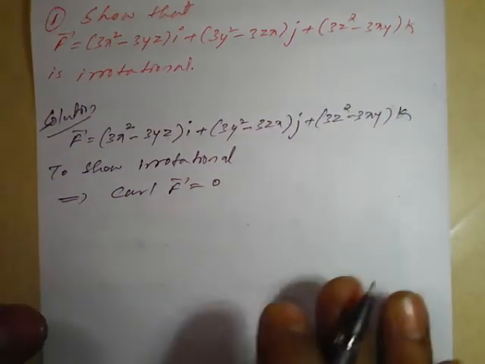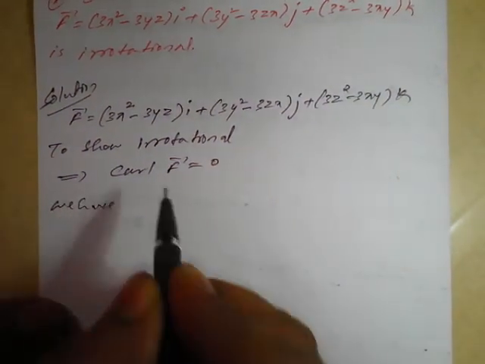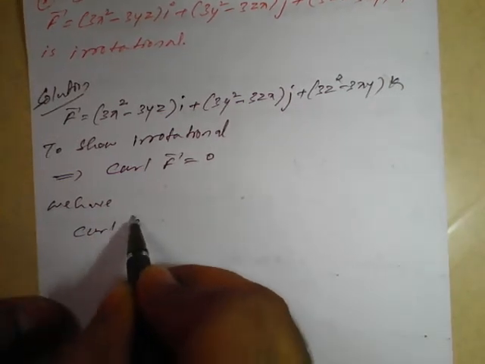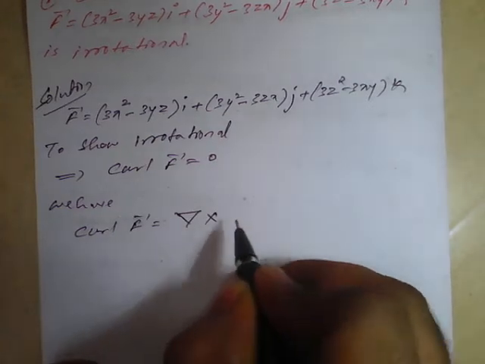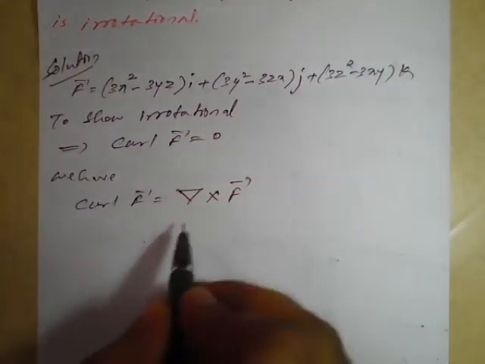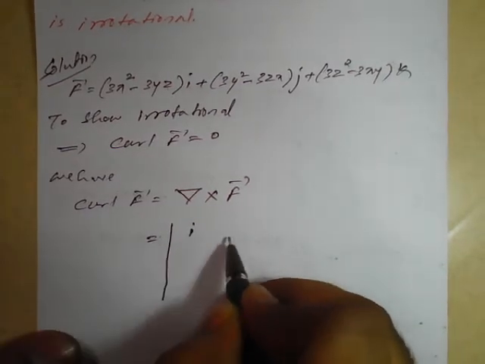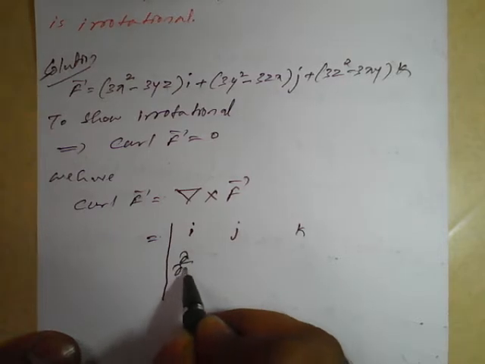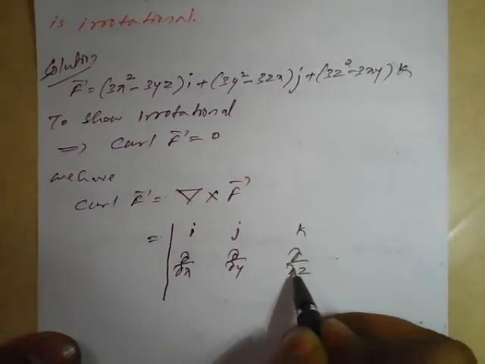Now I will take the left hand side, curl of vector f. Curl of vector f is symbolically written as del cross vector f, and del cross vector f is nothing but a determinant. First row is i, j and k. Second row is dou by dou x, dou by dou y, dou by dou z.